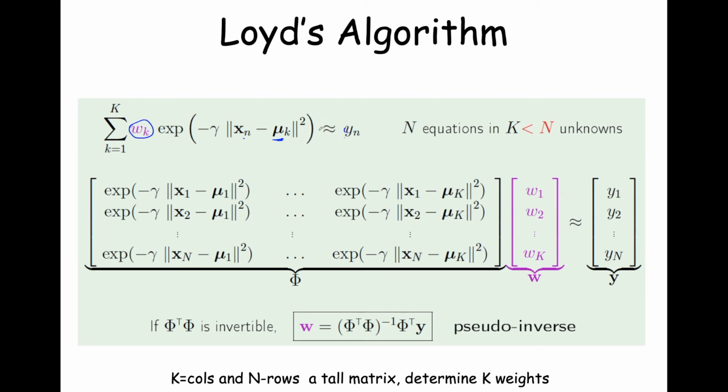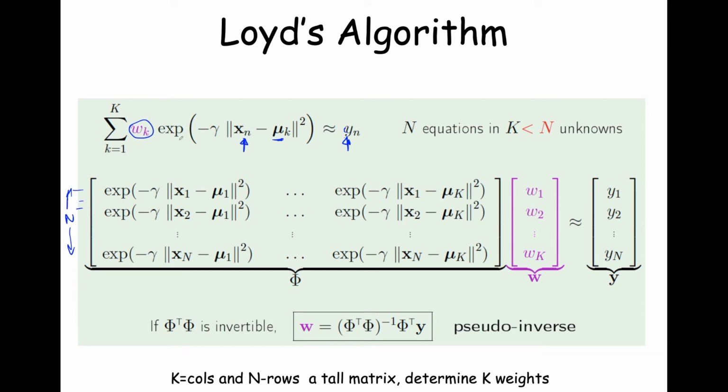If we do this, we have N equations because we have N in-sample points, x_n and the corresponding y_n, and each one corresponds to one of the rows here. So that's big N rows. That's the N equations.